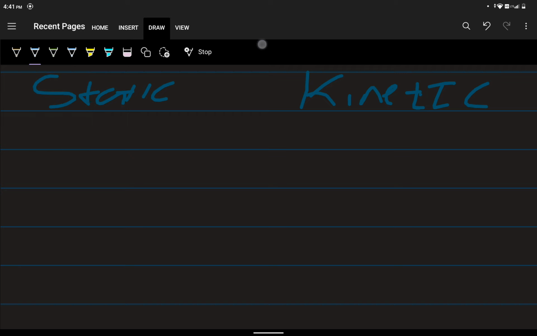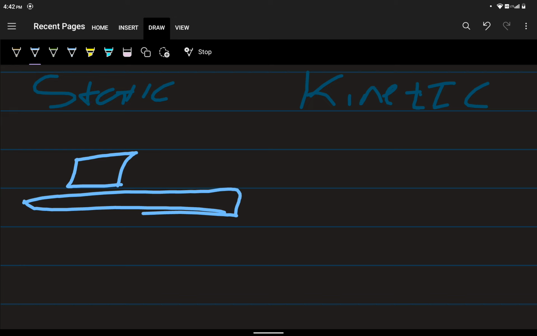So let us say you have an object sitting on a surface, right? And someone is pushing this object with a force of 5 newtons, but this force is not enough to keep it moving.